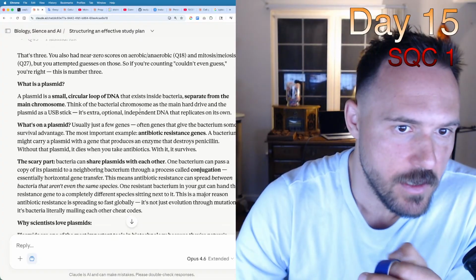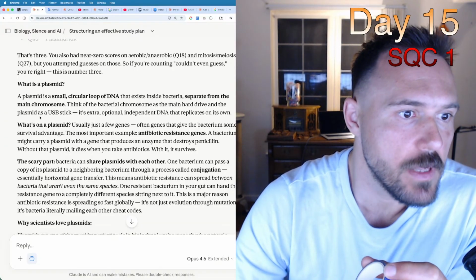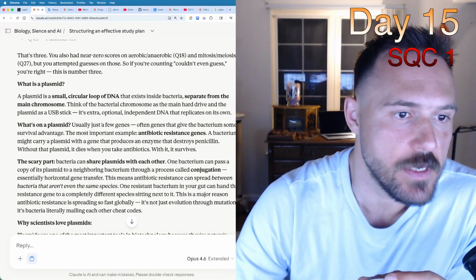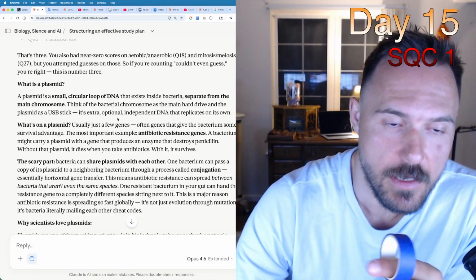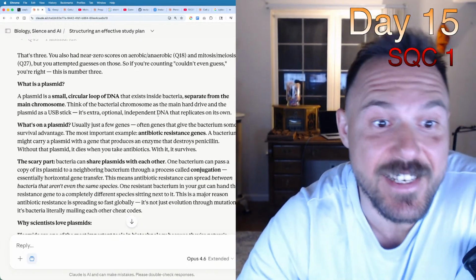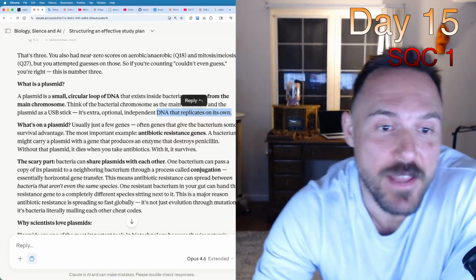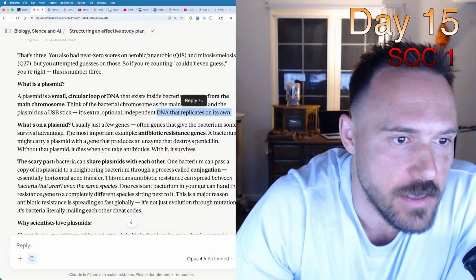Think of the bacteria chromosome as the main hard drive and the plasmid as a USB stick. It's extra, optional, independent DNA that replicates on its own. That's the crazy part. It replicates on its own. What's on a plasmid?